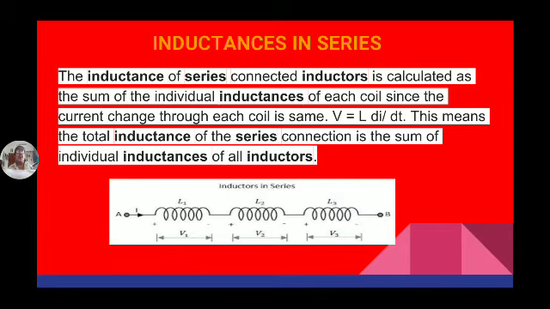So first of all, what is the meaning? Listen. When two inductances are connected in series, the total inductance of the combination can be in two different ways, because inductance means it is having flux.